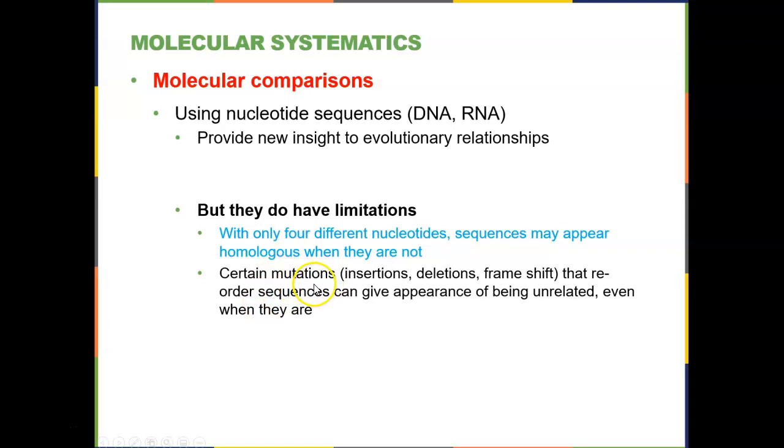Also, when mutations happen, remember we talked about that last semester, things like insertions where a new nucleotide is added, deletions where one is lost, or frame shifting, the order of the sequences could look like they are the same between different species, and they could look the same and may not be, and then they could look unrelated and actually be the same.